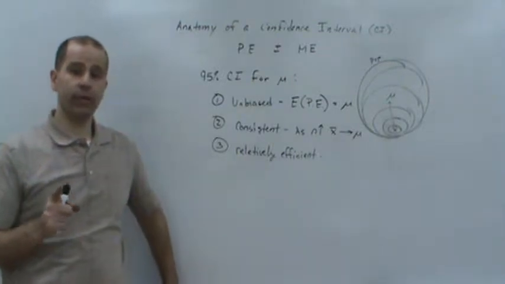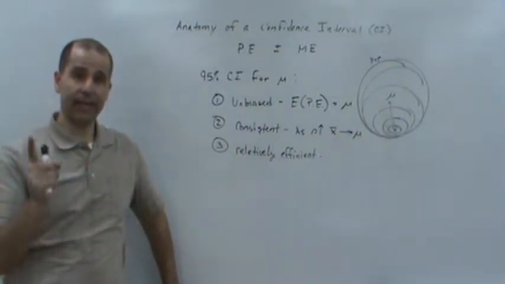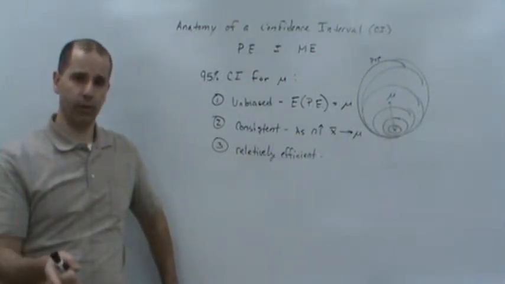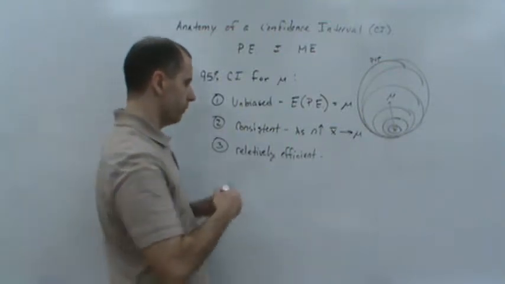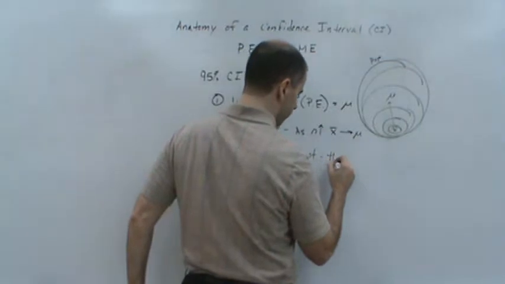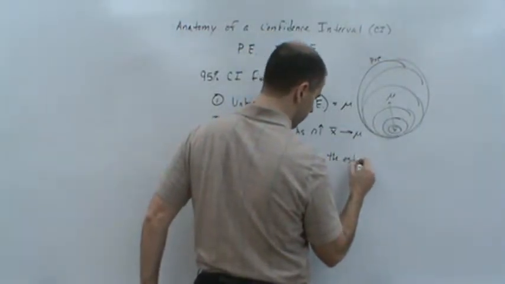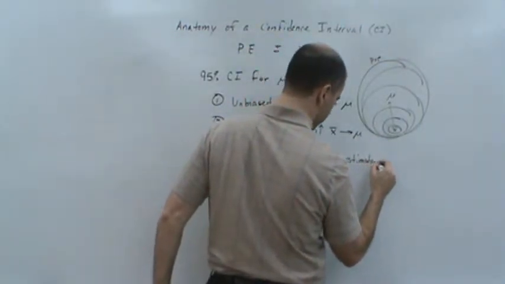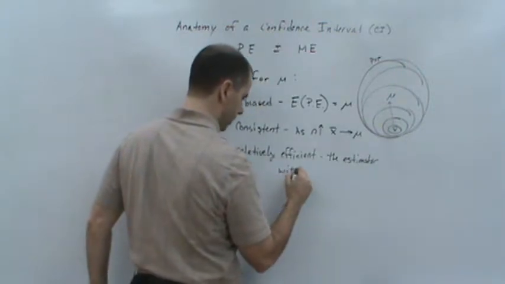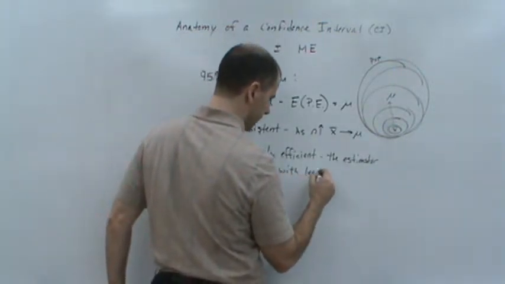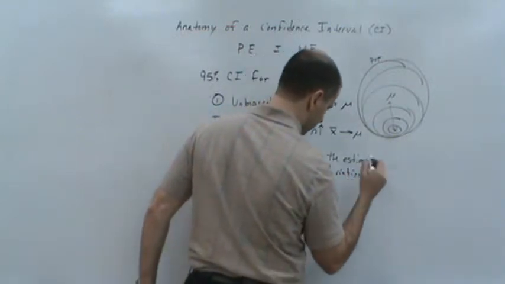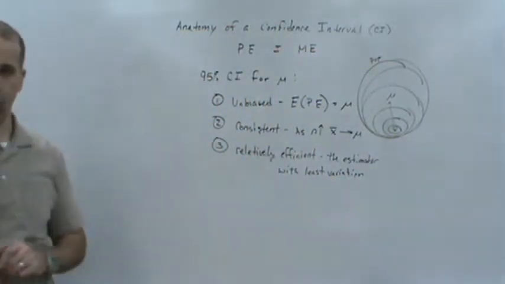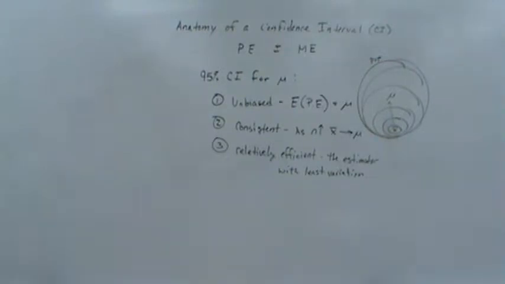We want to use the estimator that has the least variation from sample to sample. So we want the estimate with the least variation. So those are the three things.